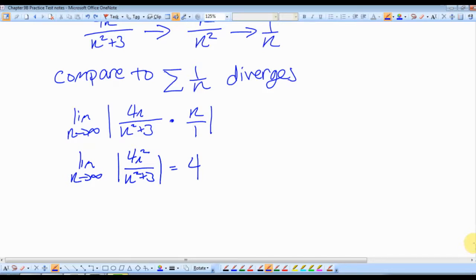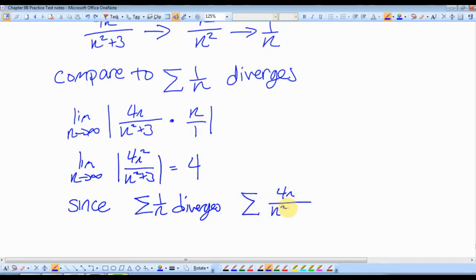As long as I get a number, the limit comparison test says the two series will do the same thing. Since 1 over n diverges, 4n over n squared plus 3 diverges.